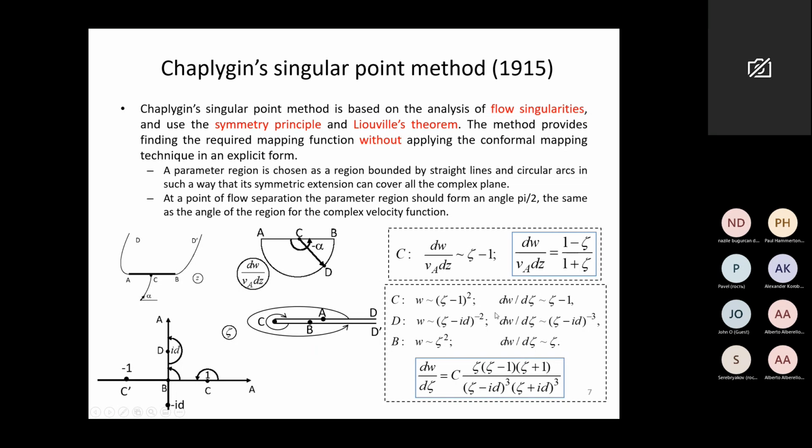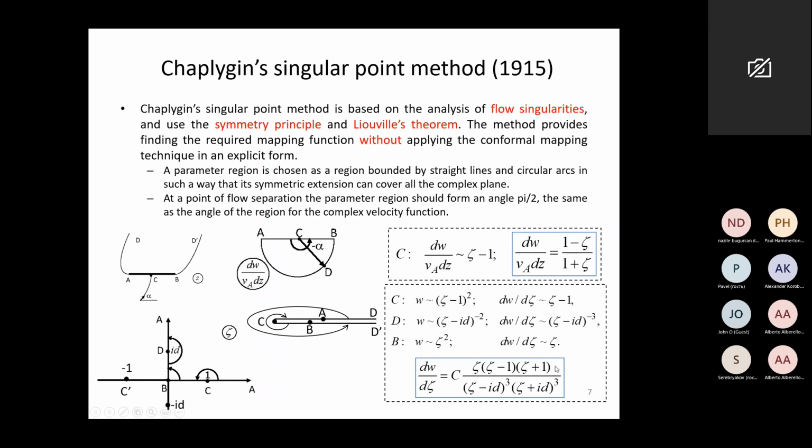Now we need to extend the first quadrant onto the whole parameter plane. Such a method satisfies the boundary condition of the complex potential, which is zero imaginary part along the body and along the free surface, because the problem is a steady problem, and we have the same boundary condition on the free surface and on the plane.